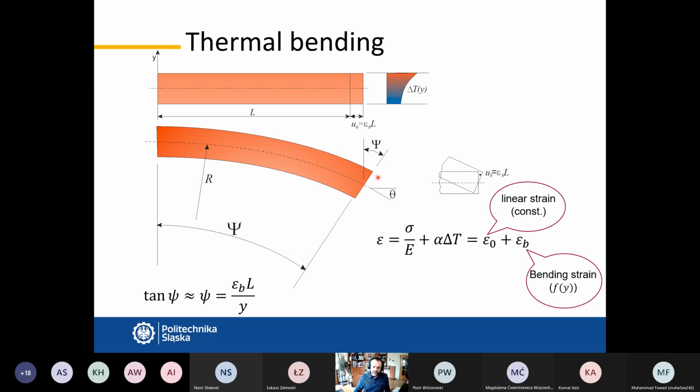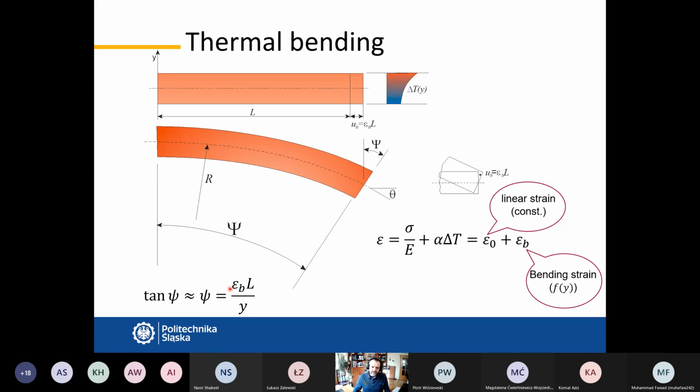Since the angle is small, we are dealing with very small deformations. So tangent of a very small angle expressed in radians is equal to the angle itself expressed in radians. You can check on your calculator if you want, not in degrees, but only in radians.